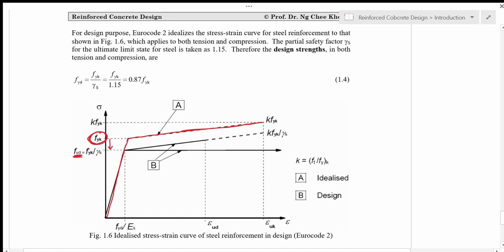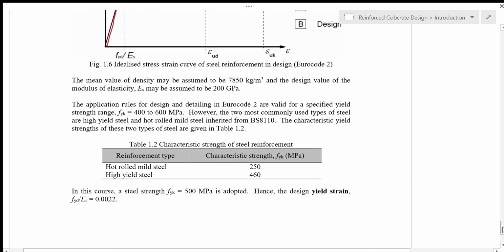Once we reduce the yield strength, it becomes this line here, but for simplification in our course we will just take the B line over here. Meaning that once the steel has reached the design stress, there is no increase in the stress in the steel, so this part is flat. So this will be the stress strain curve that we are going to use in our design calculation.